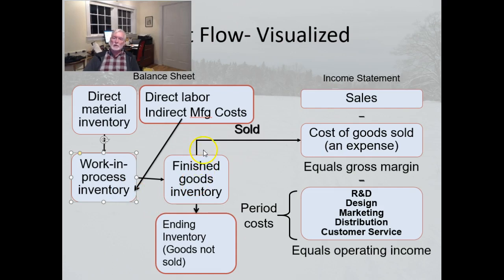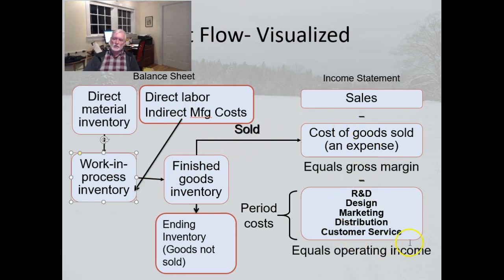During the year, some of those finished goods get sold and become an expense, and the rest end up in an ending inventory on the balance sheet, still an asset. Those are the goods that aren't sold. So we have a process here where we're adding costs to inventory, to an asset, and it's not a cost until we sell it.